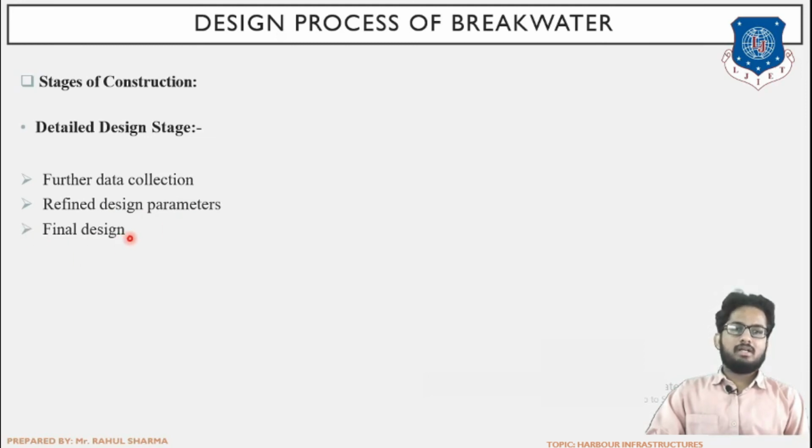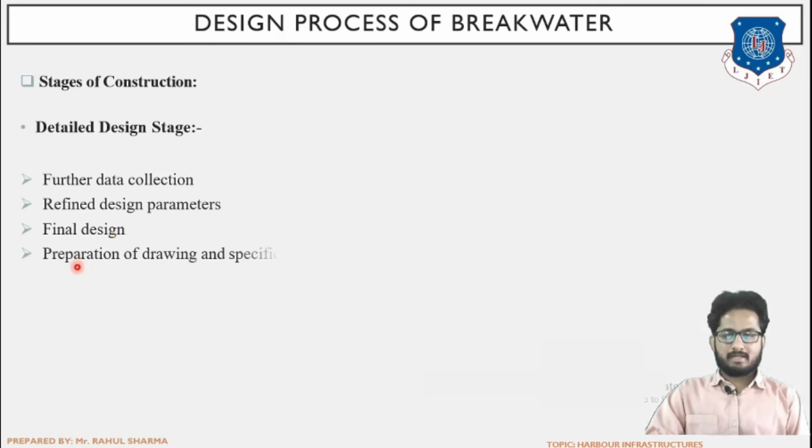Final design. Ultimately, depending upon the various parameters which are studied in detail, the final design regarding various aspects is made, such as which material is to be used for construction, what height we have decided, what the side slope for the breakwater is, what the extent of the breakwater is, how the alignment of the breakwater is supposed to be, and such various aspects.